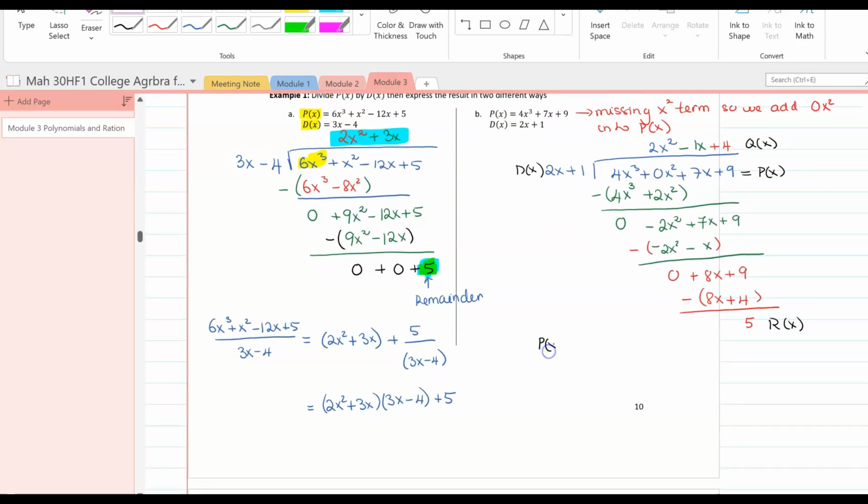P of x divided by D of x is equal to 2x squared minus x plus 4 plus 5 divided by 2x plus 1, or 2x squared minus x plus 4 times 2x plus 1 plus 5.